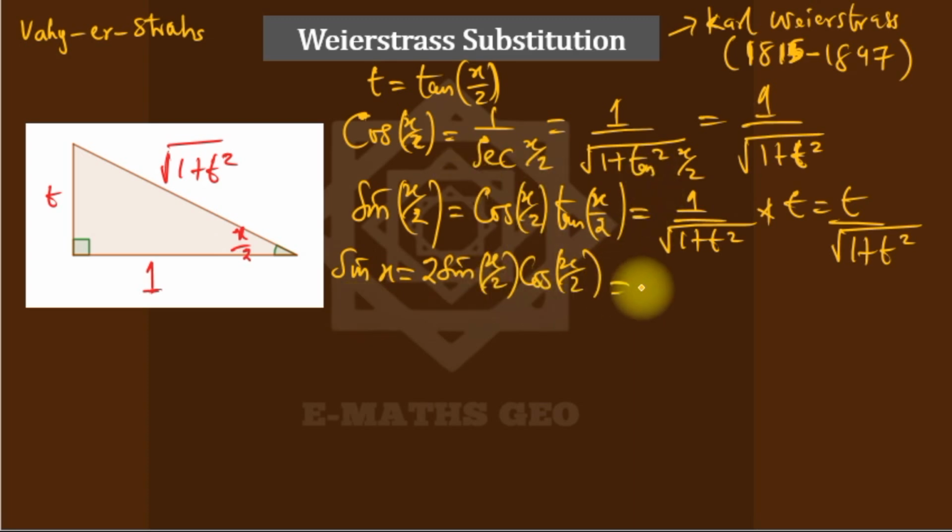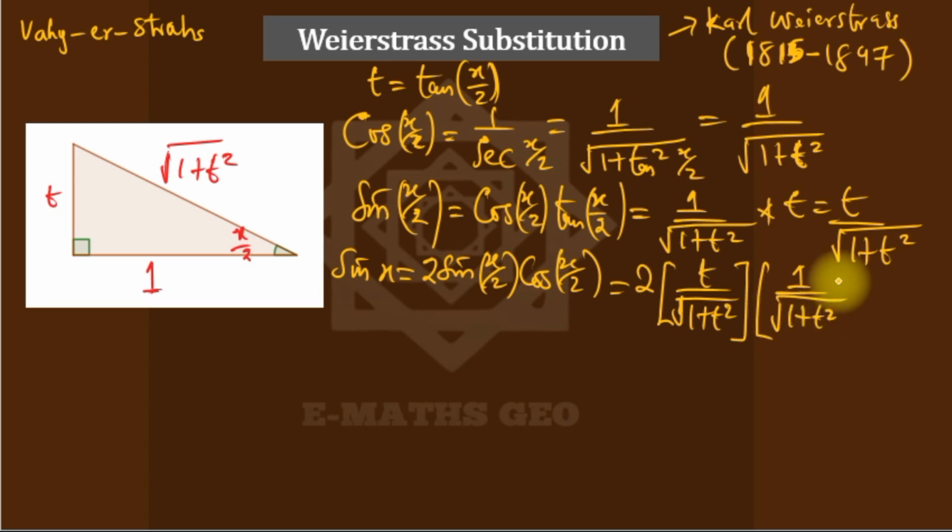So this is now 2 times t over square root of 1 plus t squared times 1 over square root of 1 plus t squared. So we have 2t over 1 plus t squared. 2 times t times 1 is that, and the square root times the square root cancels.